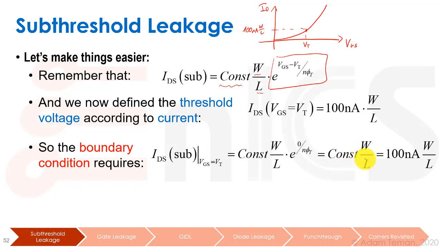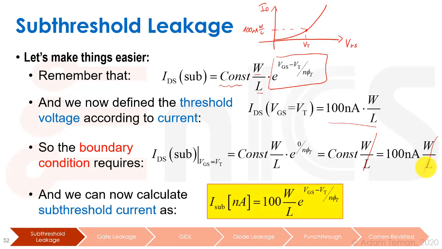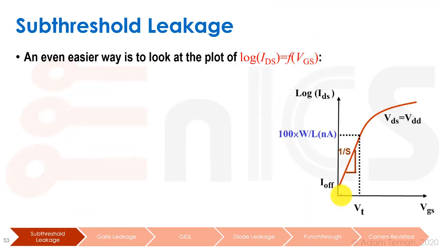So it's just this constant times W over L, and that has to be, according to the boundary conditions, equal to 100 nanoamps times W over L, which cross off, and our constant is just 100 nanoamps. So we can model our subthreshold current, in nanoamps, as 100 times W over L times e to the power of (VGS minus VT) over N·VT. Okay, that's a simple way of writing down our subthreshold current.